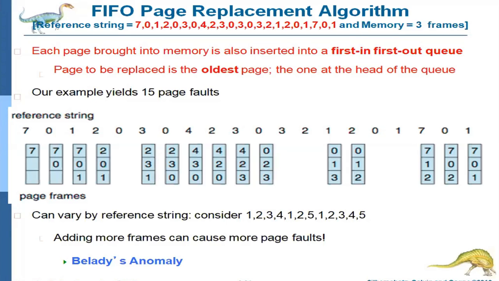So 7 can be swapped out from main memory to disk, and instead of 7 we have to replace 2. Is it clear? See this, which is the oldest page? 7 is the oldest, right? So instead of 7, we have to replace that page with 2.